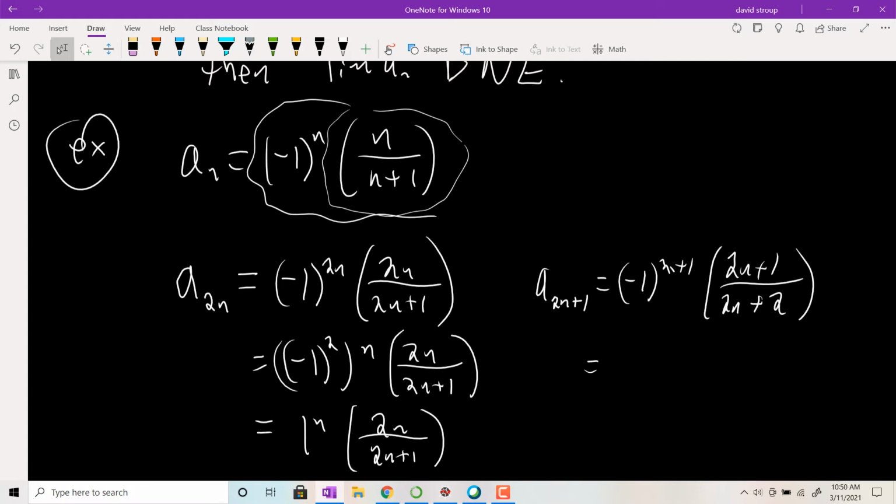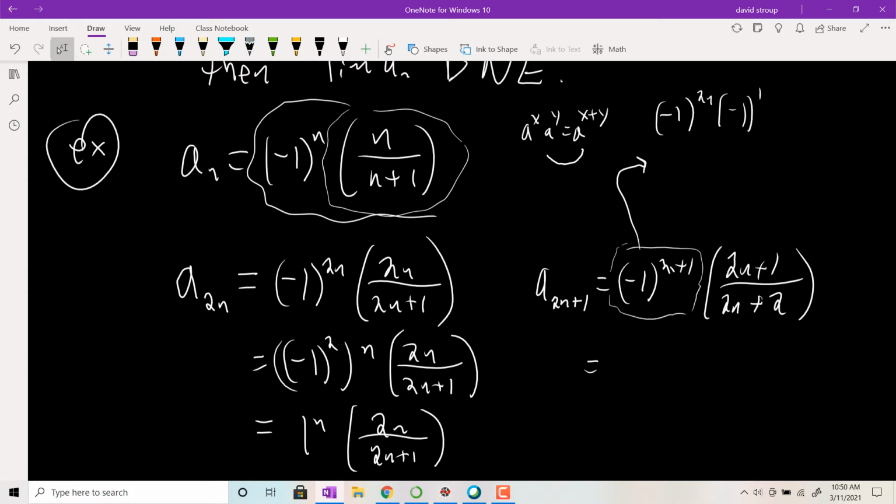So simplifying this, it comes down to simplifying this part of it. What is that thing? That's -1 to the 2n times -1 to the 1, right? So that's just the product rule for exponents. You have a to the x times a to the y. That's the same as a to the x plus y, and vice versa, right? We just started with a to the x plus y and went to a to the x times a to the y.